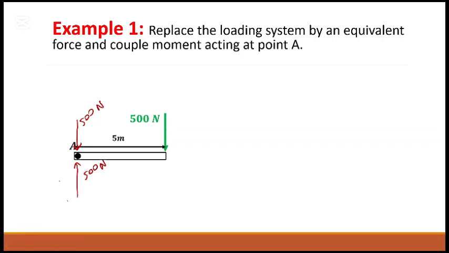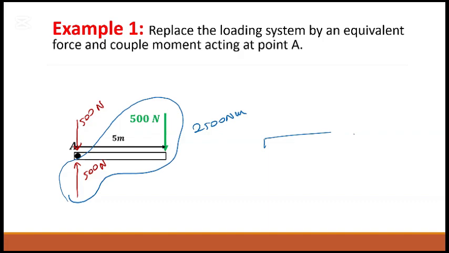Now if you consider this, what is it? It's 500 times 5. What's that? 2,500. 2,500 couple moment, isn't it? Yes. So instead of having this one, can't I do like this? Can I have this 500 and a couple moment of 2,500 Newton meters?